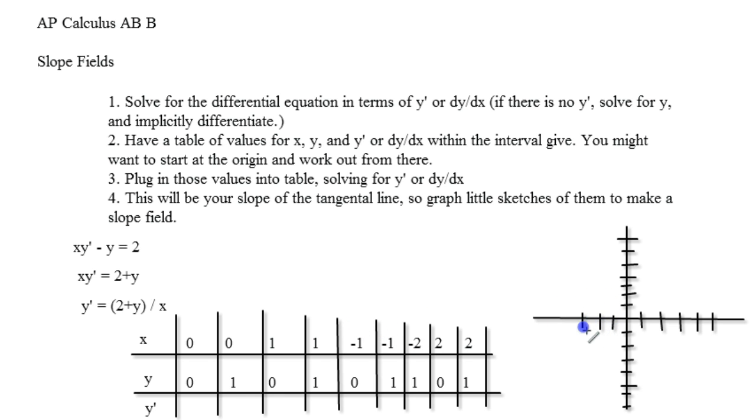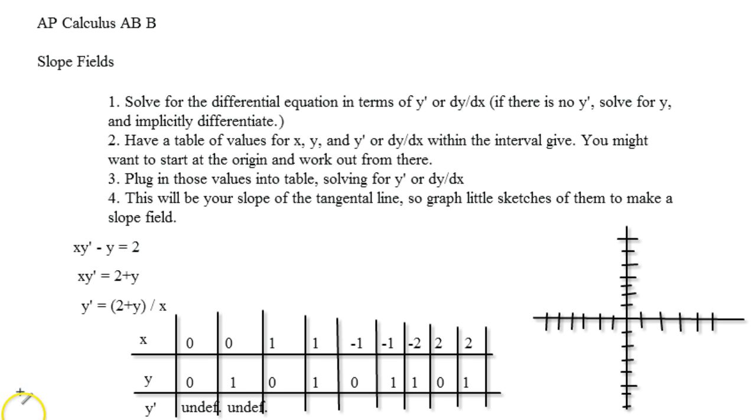Now this is one of the easier processes because now you understand what differential equations are and how to get them. What we're going to be doing is just doing some calculations. Alright, so if we make x 0, this is going to be undefined. So these first two are just going to be undefined, and that type of slope is going to be a straight up and down slope.